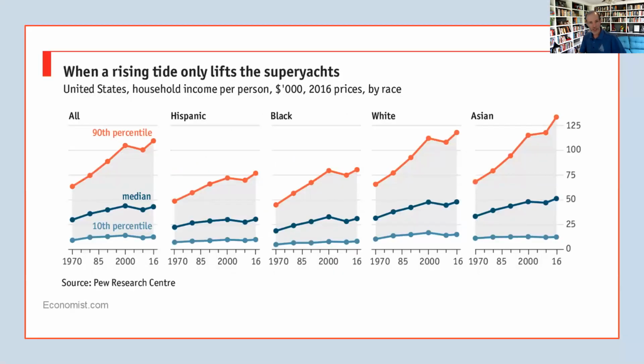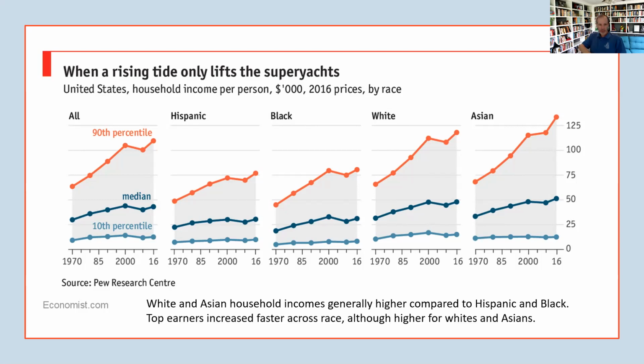We can look at changes in income inequality by race or ethnicity over time. And so there's a couple things to take from this chart. White and Asian household incomes are generally higher compared to Hispanic or Black, right? So for the most part, if you look at the same points in time, the lines, even across the different categories, are higher for whites and Asians.